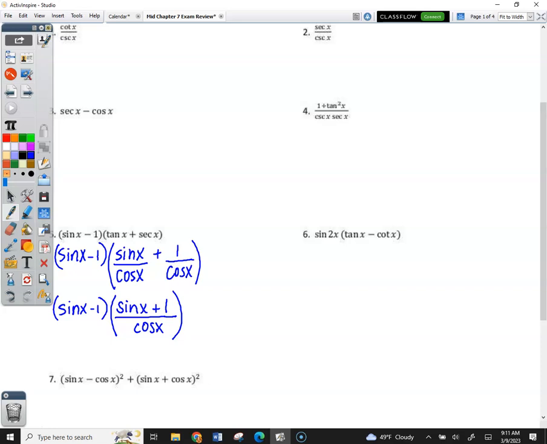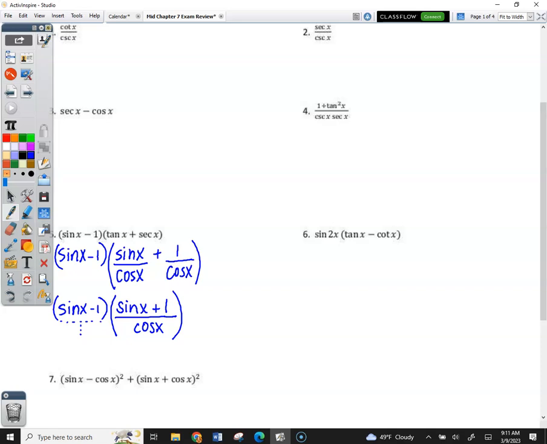And then now I have something times something. There is a fraction here, so that cosine x is just going to multiply straight across to a 1 and just become the denominator now with this really big fraction, right?